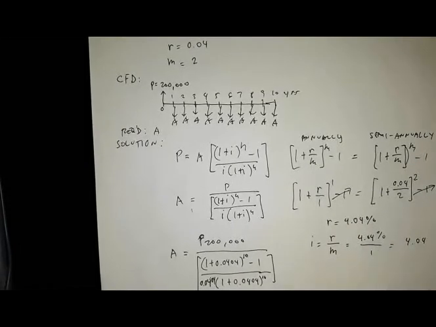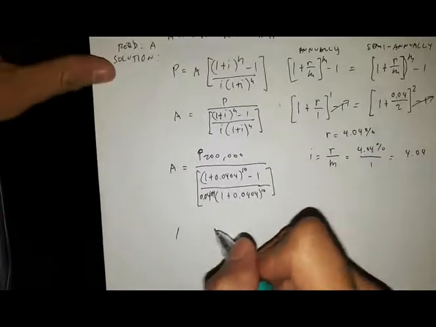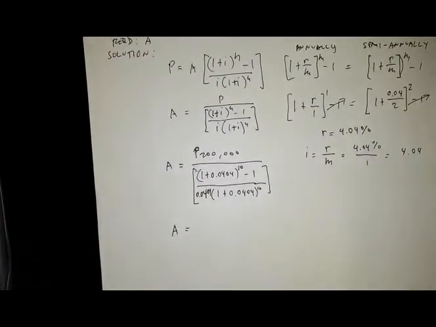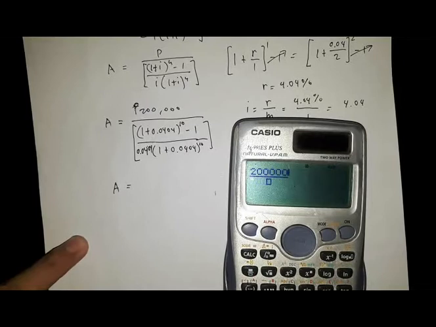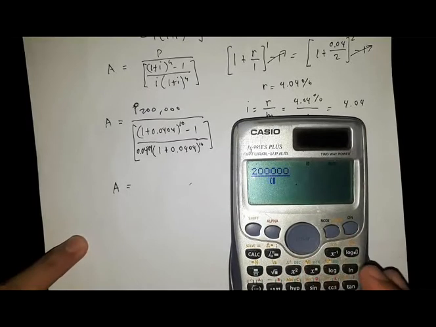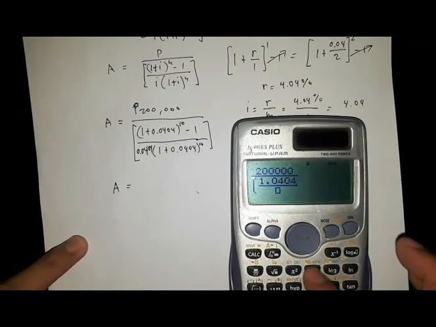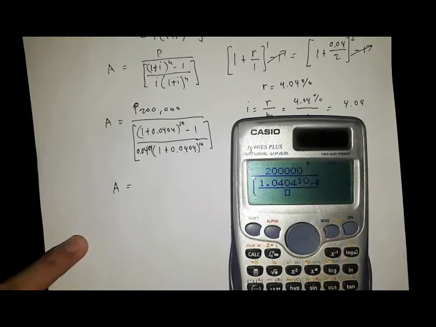So the value of A is equal to 200,000 divided by (1 plus i) raised to n minus 1 over i times (1 plus i) raised to n.